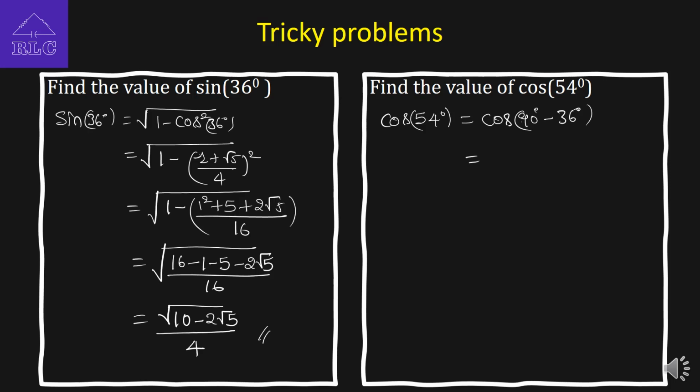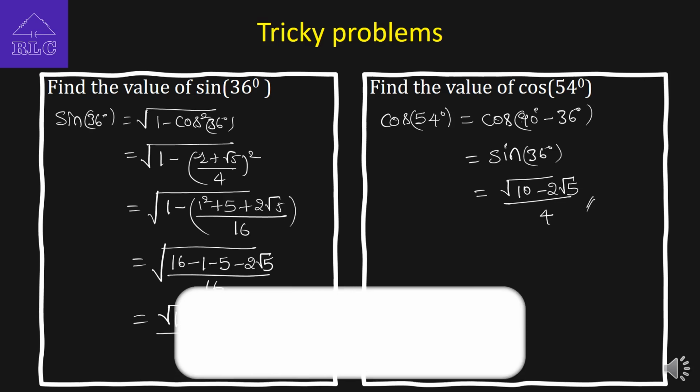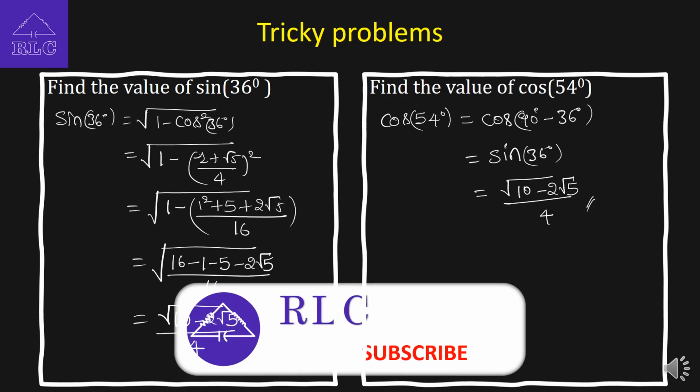In first quadrant, cos value is positive, and since cos has the y-axis approach, it will convert to sin 36 degrees. So which is nothing but root of 10 minus 2 root 5 divided by 4, which is the value of cos 54 degrees.